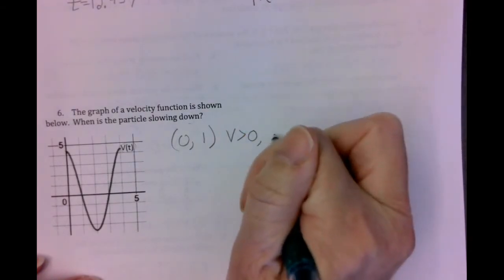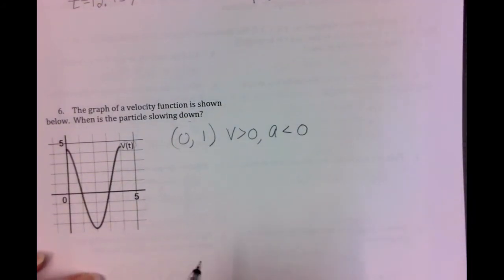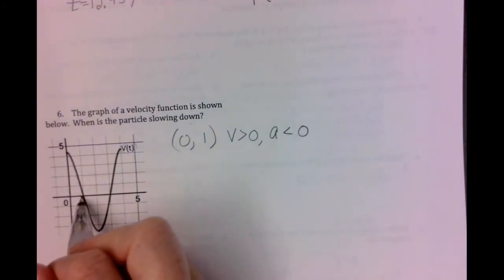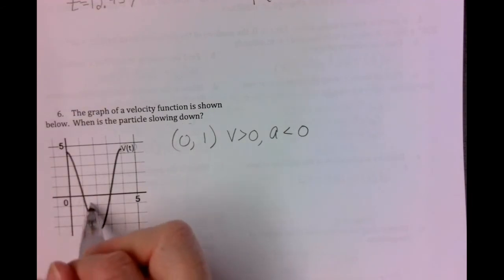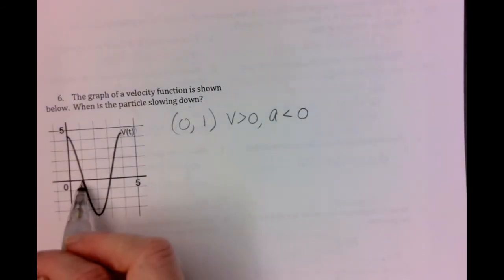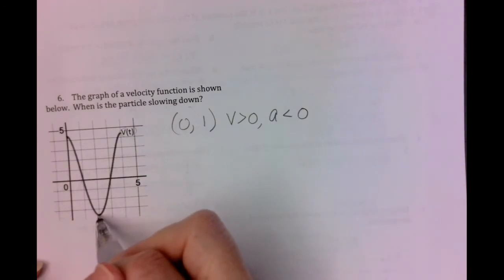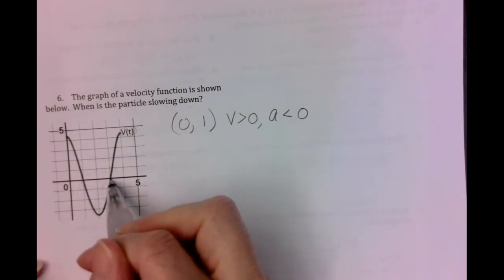Then I'm analyzing my next piece. Velocity now moves below, but it's still decreasing, which means the acceleration or the derivative would all be negative. So these are matching signs. Until I turn the corner here, velocity is still negative, but now I am increasing. If I'm increasing, that means the acceleration is positive.